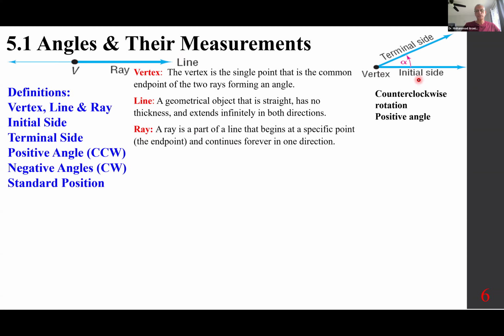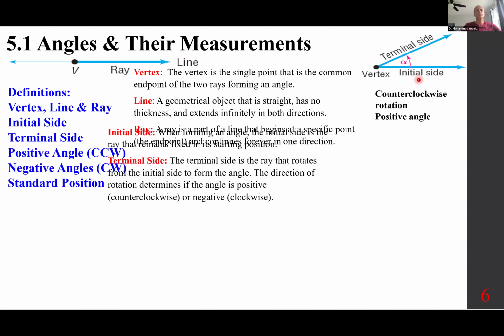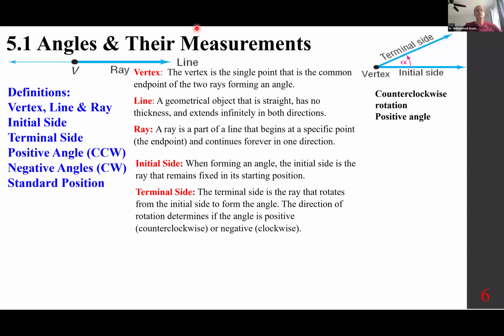So, let's look at this concept now. Initial side. When forming an angle, the initial side is the ray that remains fixed in its starting position.